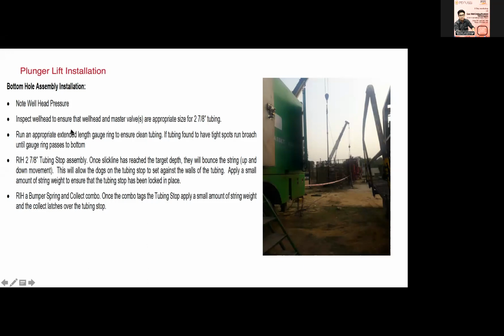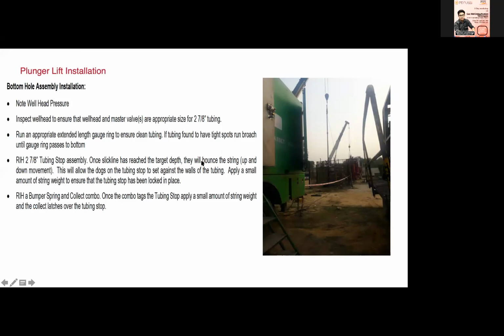Before you put your tubing stop or your bumper spring, I would suggest you run a scraper trip so that you will be cleaning your tubing, because most of your wells which will be using the plunger lift will have been flowing for more than 10 to 15 years. So you will be cleaning your tubing, and then you attach your tubing stop with your wire line.